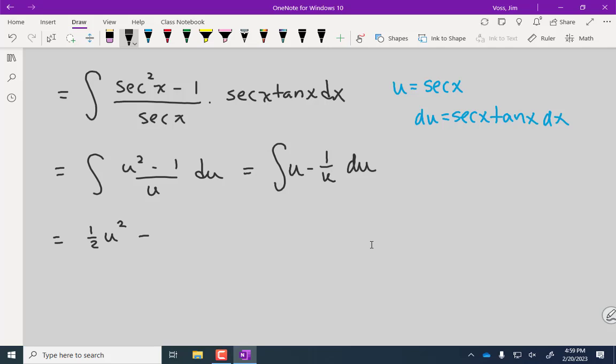The integral of 1 over u is natural log of absolute value of u plus c. And the final step is to back substitute. And we've got that.